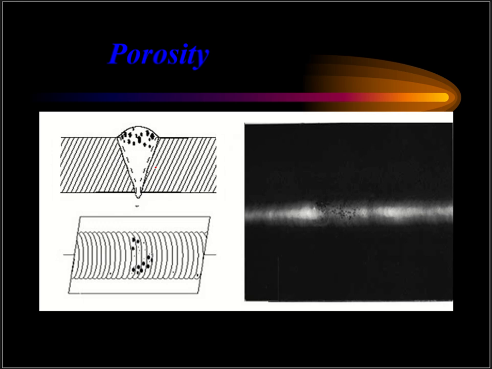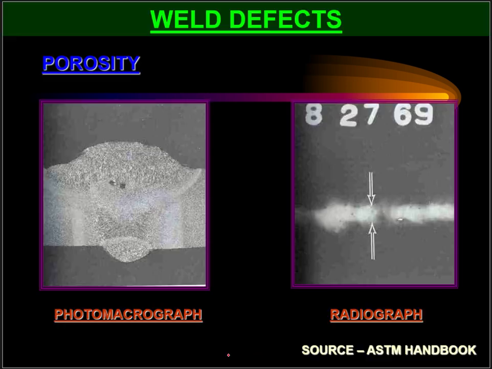And porosity. Porosity is nothing but voids entrapped during welding. You can see the cluster porosity, and in the radiography image the cluster porosity will be like this. This is the welding area, and this is the porosity, a void entrapped during welding. The radiography image shows that porosity.